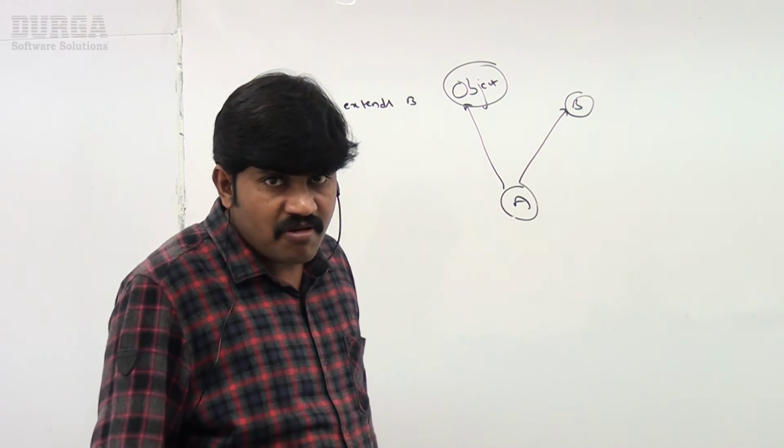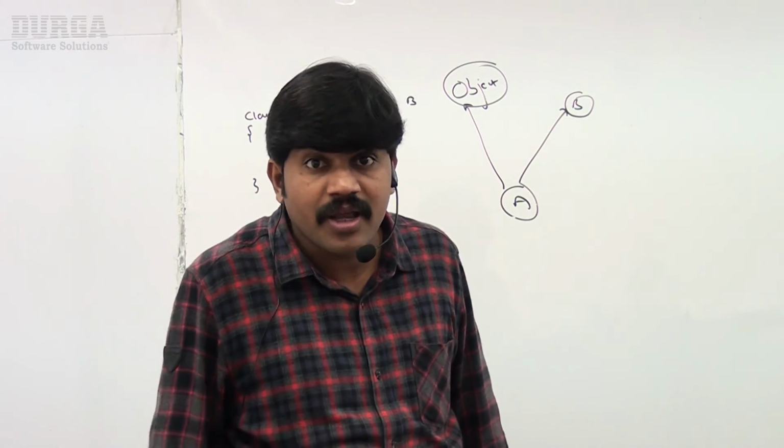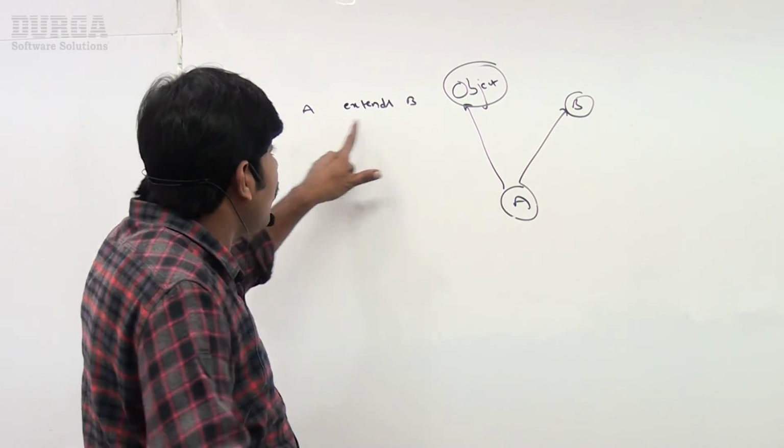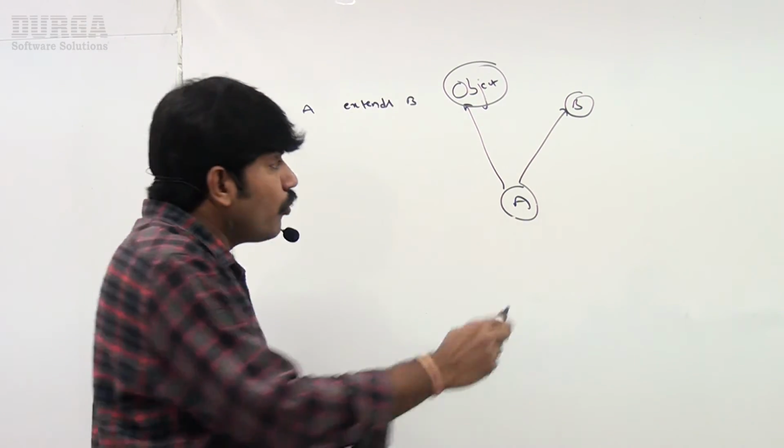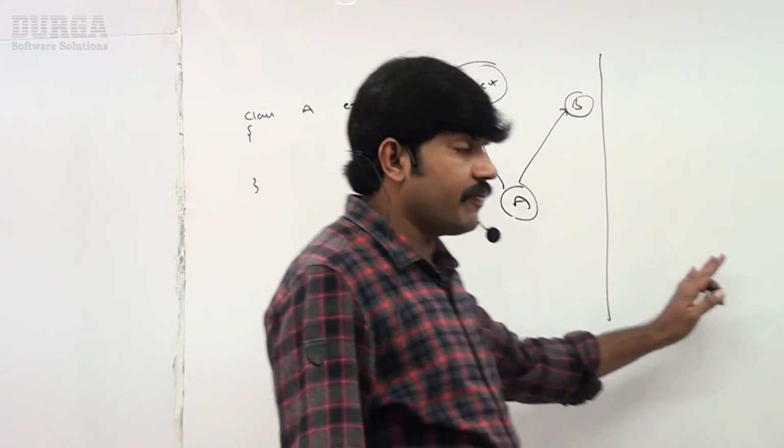Then what you have to do? First thing, you have to give a left and right to that interviewer, because it is not what actually happens. Internally, very simple, observe carefully.